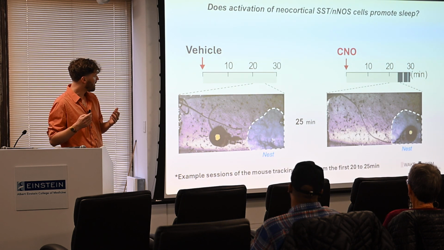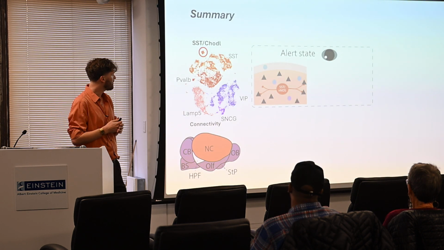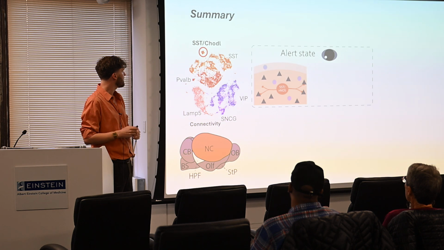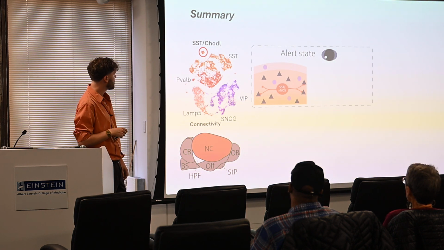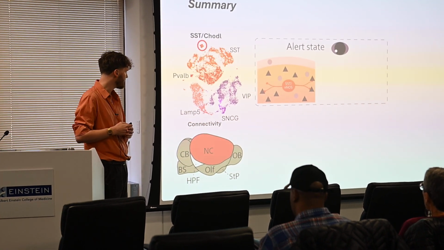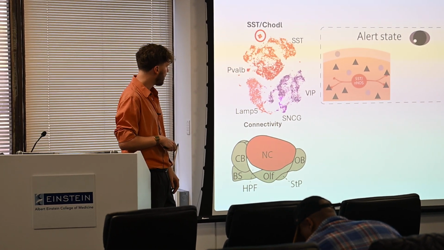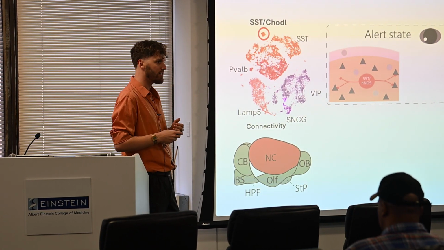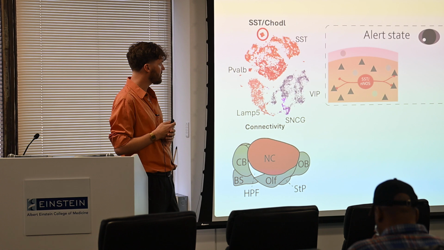And with that, I'll summarize what I've told you from this project. We've studied these somatostatin cortical cells, this really unique population of inhibitory neurons. These cells project widely across the neocortex, targeting many downstream areas.